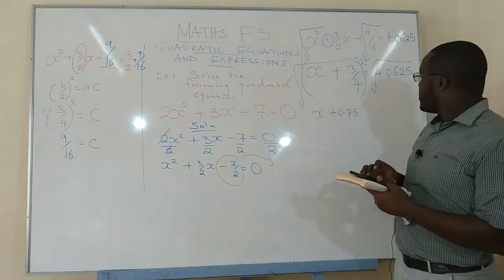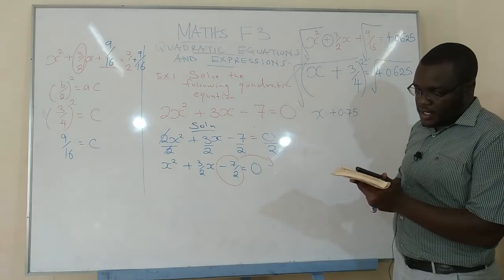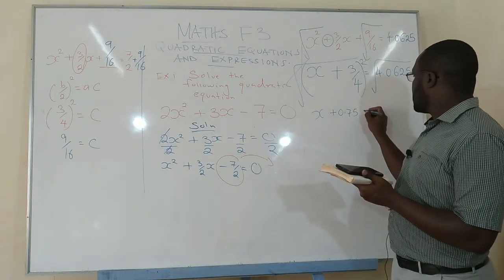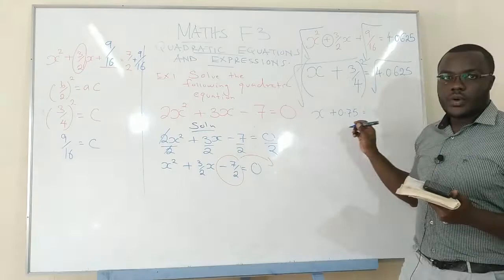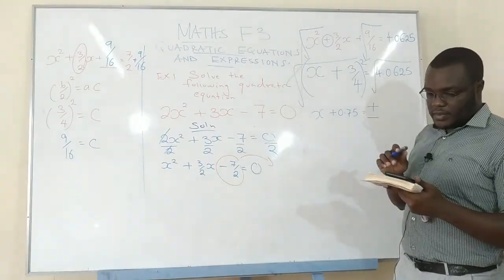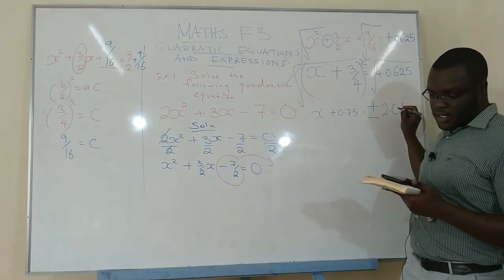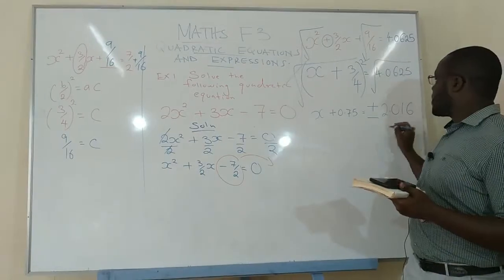You can confirm this from your side. I'm getting it as equal to, remember here we write it as plus or minus 2.016. I've rounded it off.